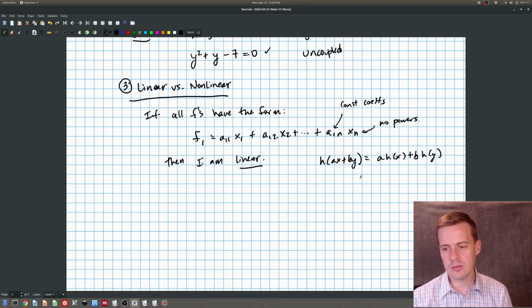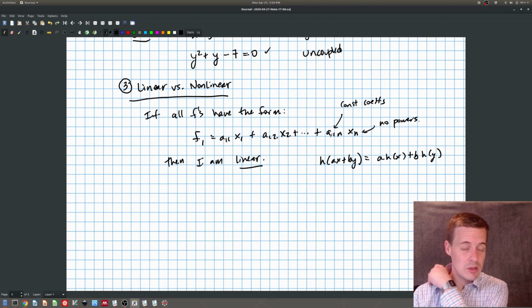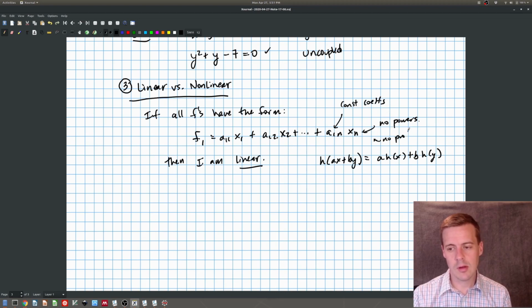This is the more formal mathematical way of defining this, but for algebraic equations, at least it reduces to this, and we'll talk about differential equations at the very end of the course. It's a little different, but if there are constant coefficients and there are no powers and there are no products, then you have something that's linear. All other cases are nonlinear.